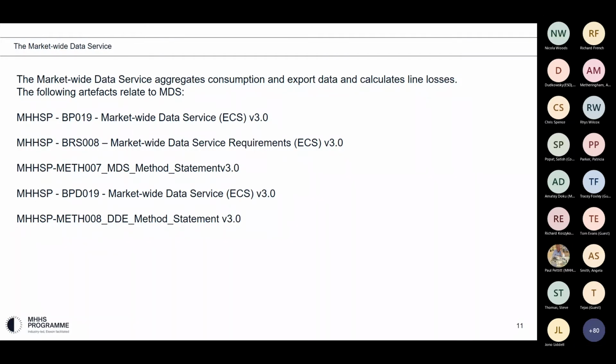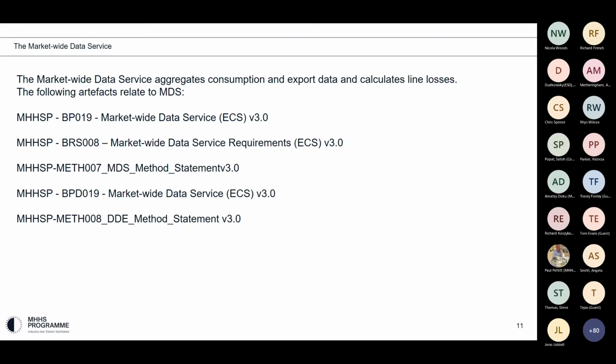It will also give an indication of why it's been estimated, because there are two items that help you do that. There's an estimation reason code, and there's also the method of estimation that you've used, and that could have an E1 flag, an E2 flag, and each of those means different things.